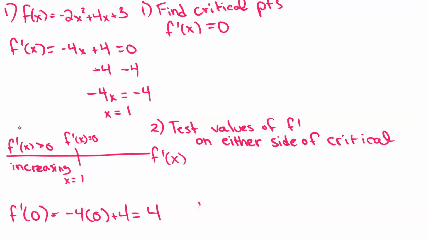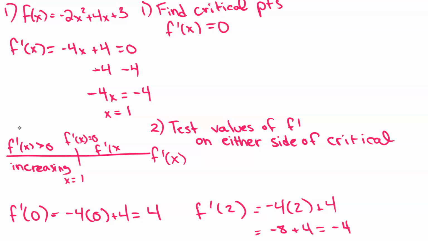And then we test the other side, so I can pick 2 because that's to the right of 1. And I get a negative value, so my derivative to the right of 1 is negative, so I'm decreasing.